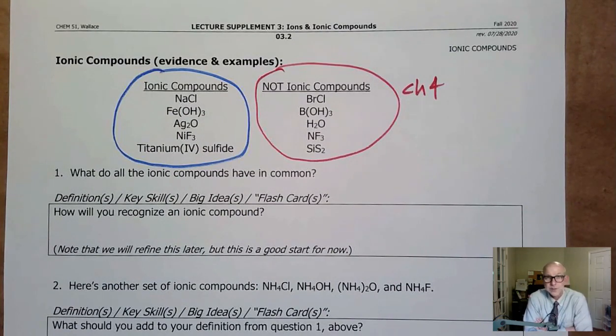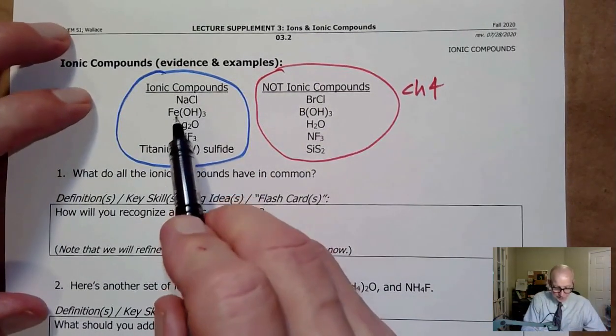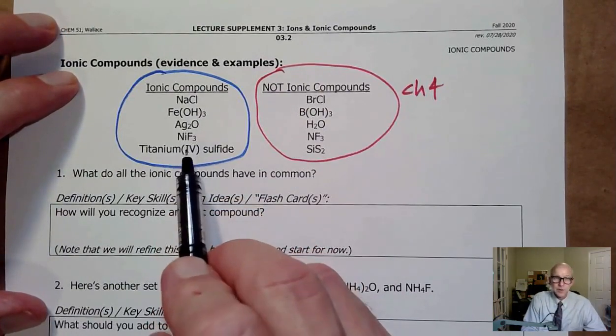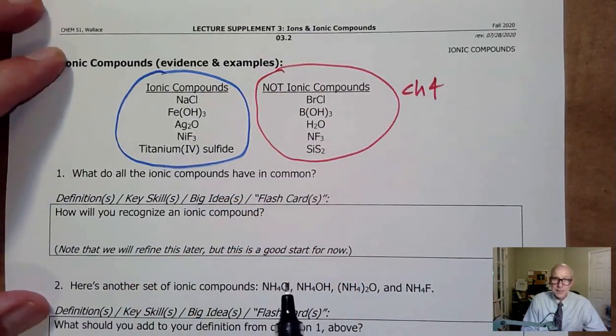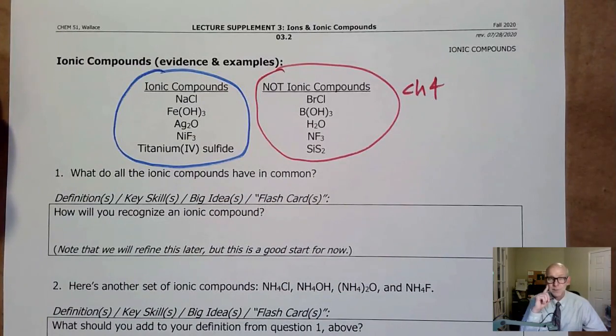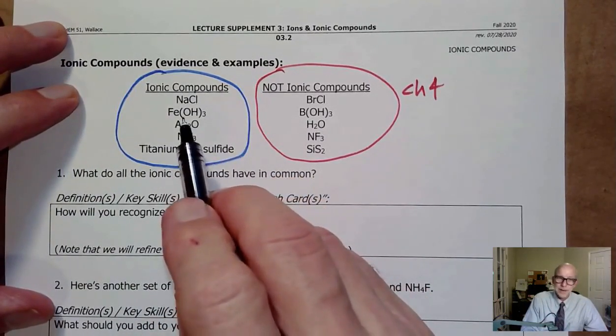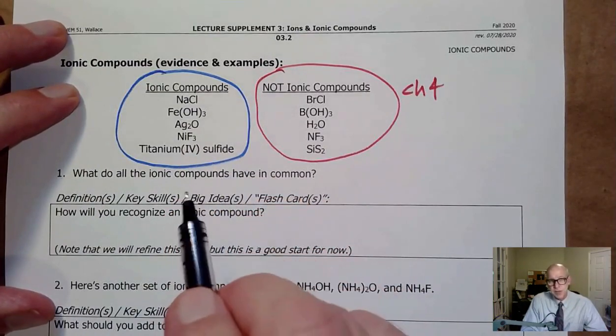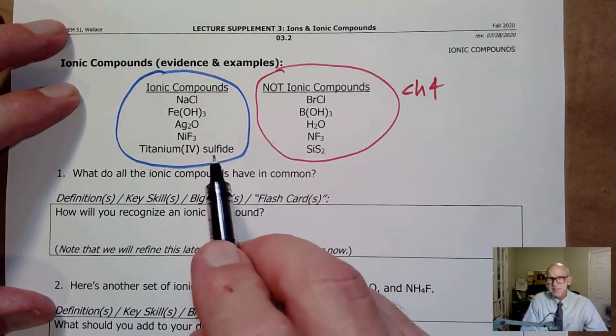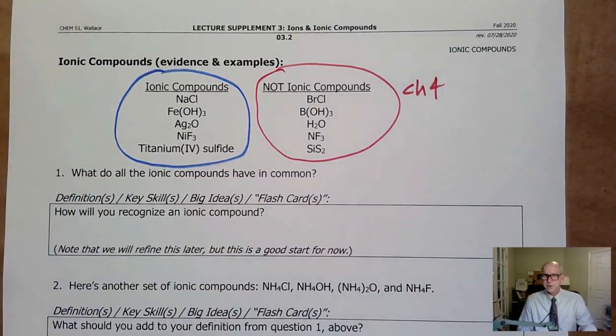All right, you either stopped and chatted, or you answered the quiz that I stuck right into the video. And you're saying, gosh, sodium, iron, silver, nickel, titanium, I'm remembering that from chapter 2. Chlorine of some variety, oxygen, hydrogen, fluorine, maybe sulfur. This sulfide, we've never heard of that, but you go, well, it sort of sounds like sulfur.